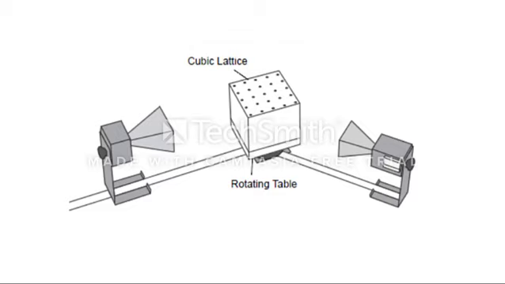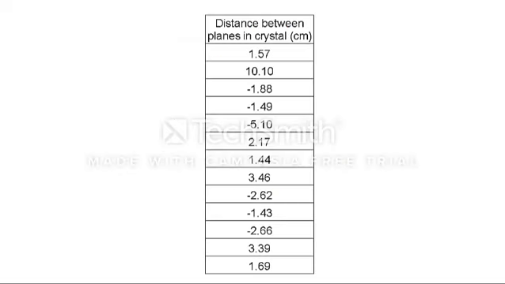From here, we rotated the lattice 1 degree clockwise and the goniometer arm 2 degrees clockwise, and recorded the radiation detected at each step. Plugging our values into the Bragg equation to determine the spacing between the crystals in the lattice, we got the following values for each measurement.